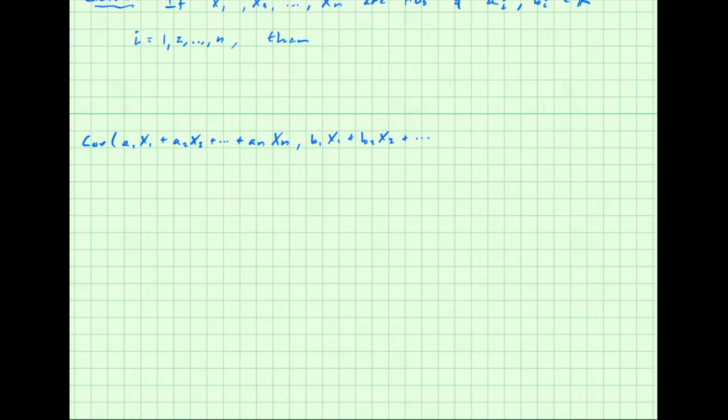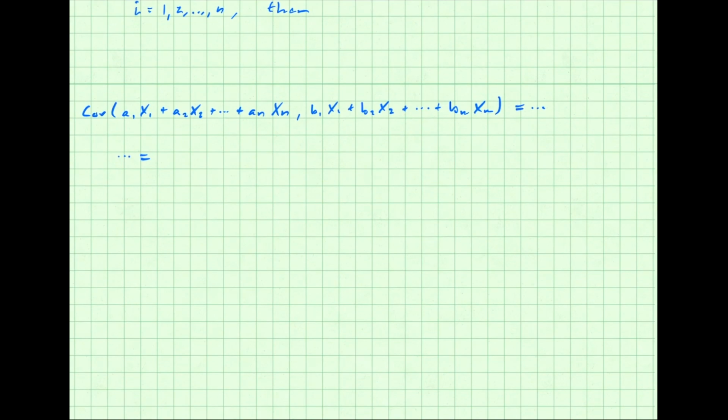Like this. This thing is equal to, and it's going to take enough space that I'm going to put it on a separate line. It's equal to the following. It's a sum i equaling 1 to n, and the same for j, of ai bj, and then the covariance of xi xj.